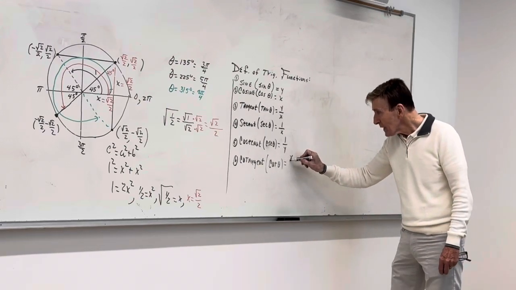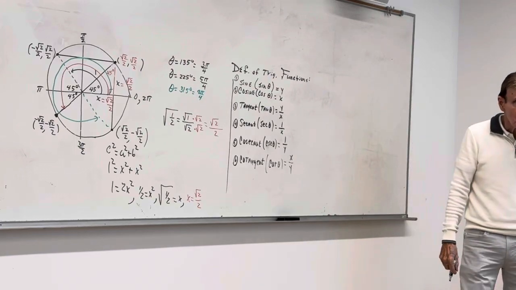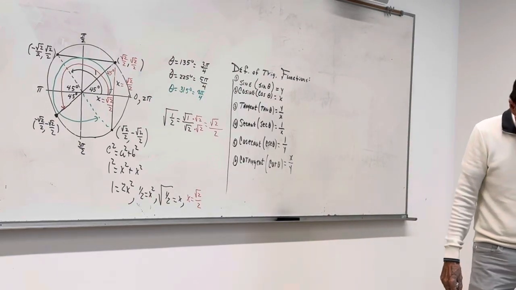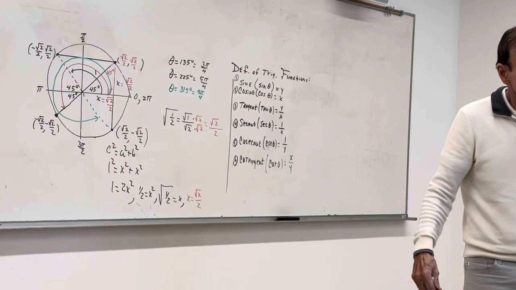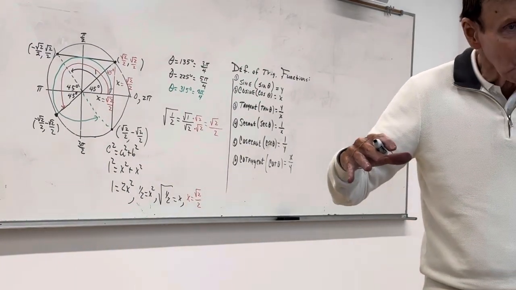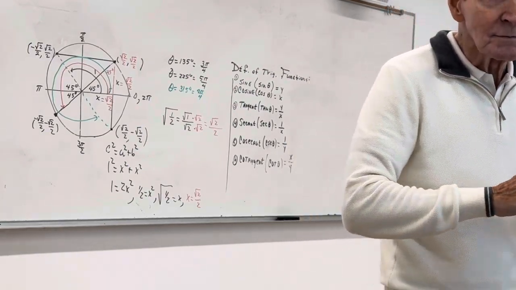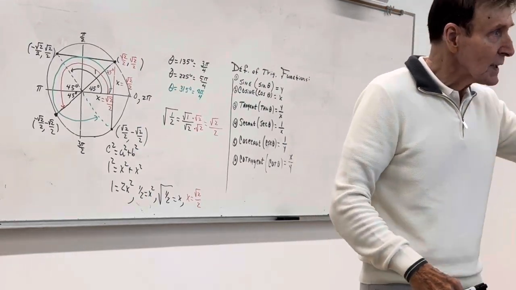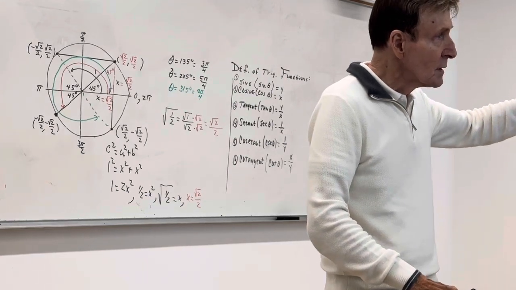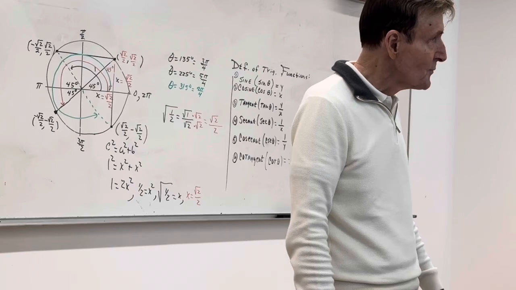Definition, x over y. I could not ever, nor have I ever seen briefer, if that's a word, more brief definitions in my life. Usually a definition takes a little space, you gotta write it out in words. This is my definition. Look at those brief definitions.